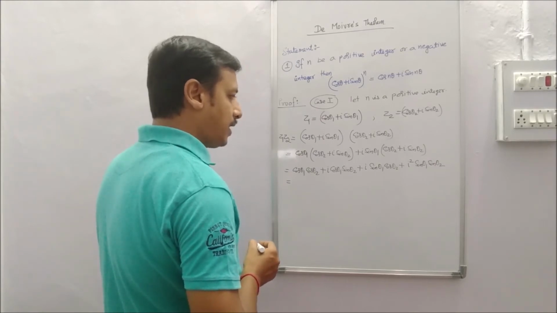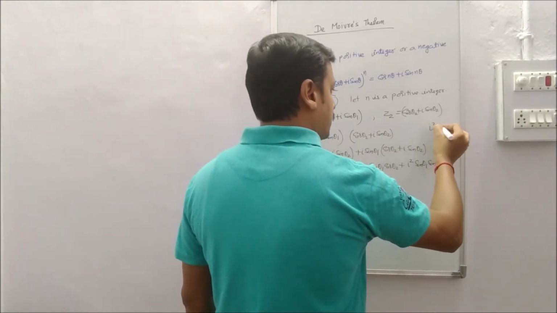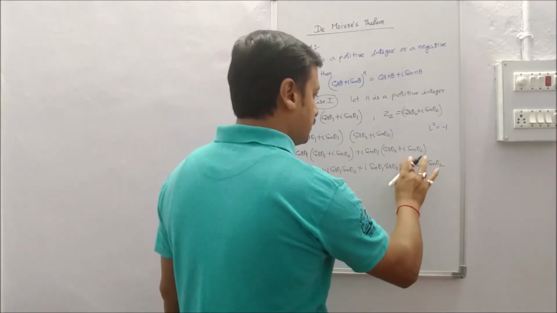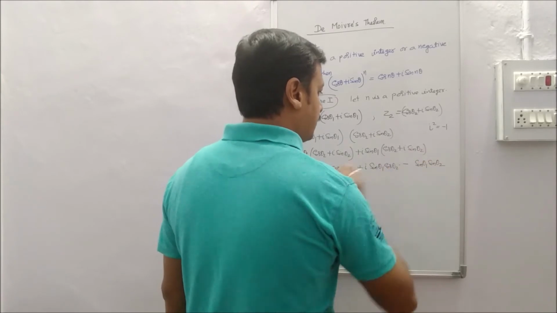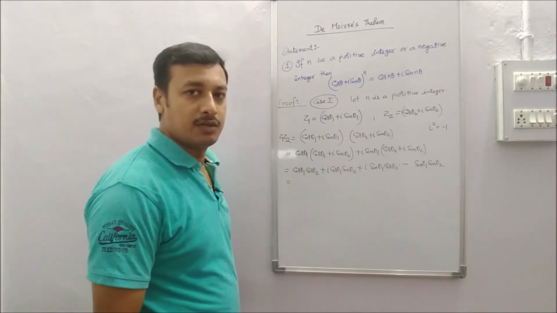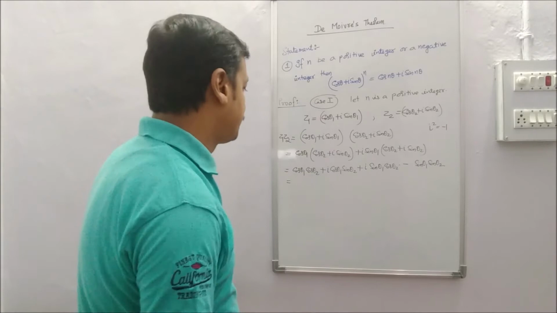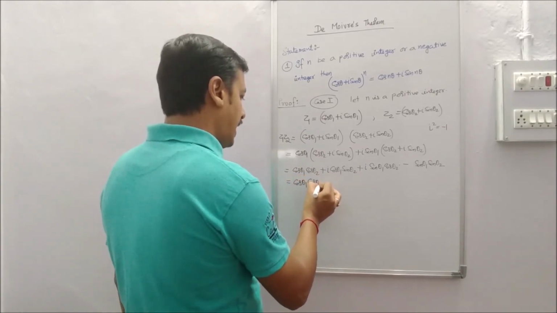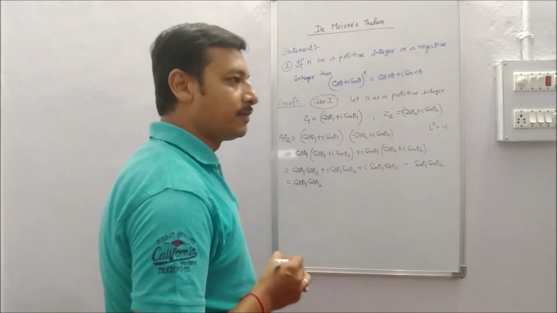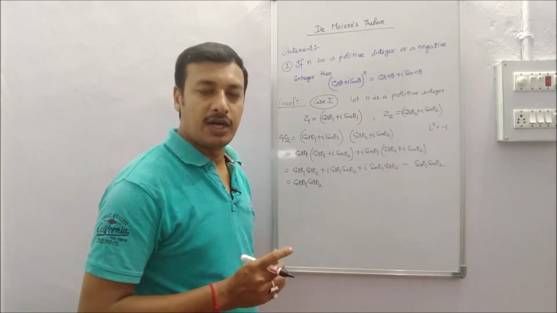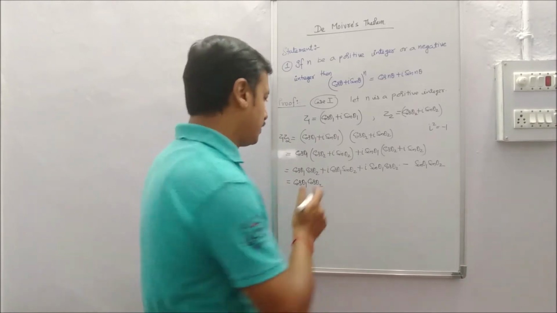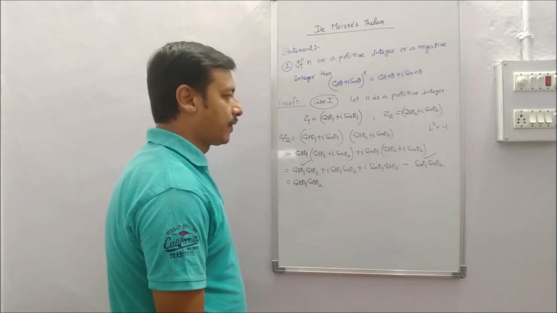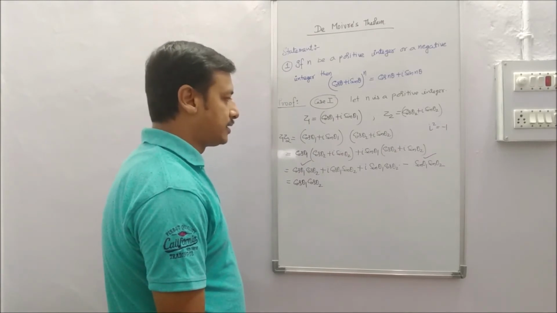Arranging the terms, as we know that I square is equal to minus 1, this will become minus of sin theta 1 into sin theta 2 in the next line. Arranging the real part and the imaginary part, the real part means the terms which do not contain I. So the first term and the last term do not contain any I term, so it is the real part.